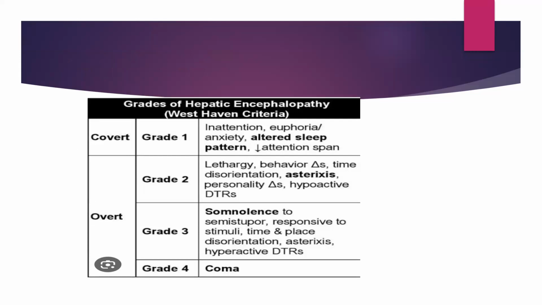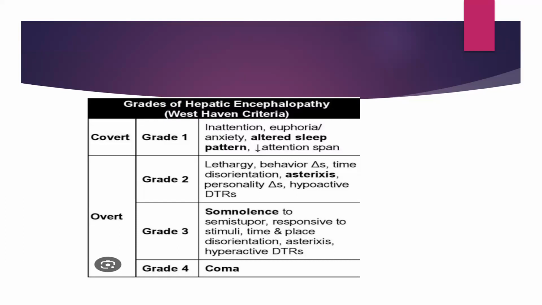Now there is a West Haven criteria for grading of hepatic encephalopathy. According to this, the patient has grade 1 hepatic encephalopathy if there is inattention, euphoria, anxiety, altered sleep pattern, or decreased attention span.